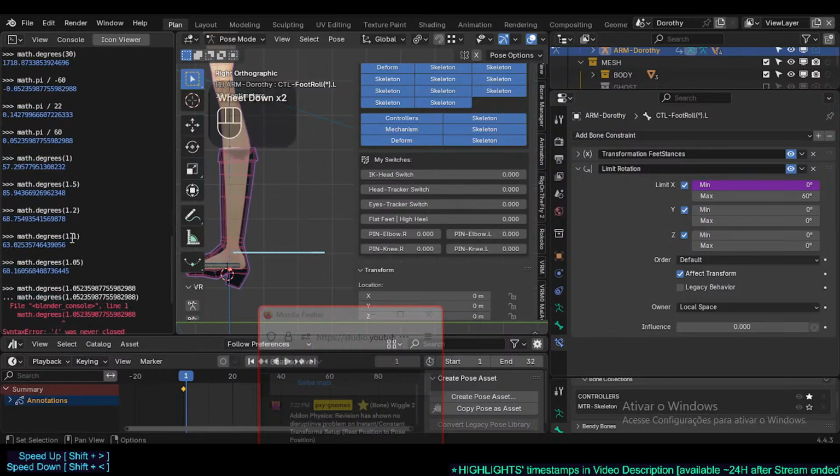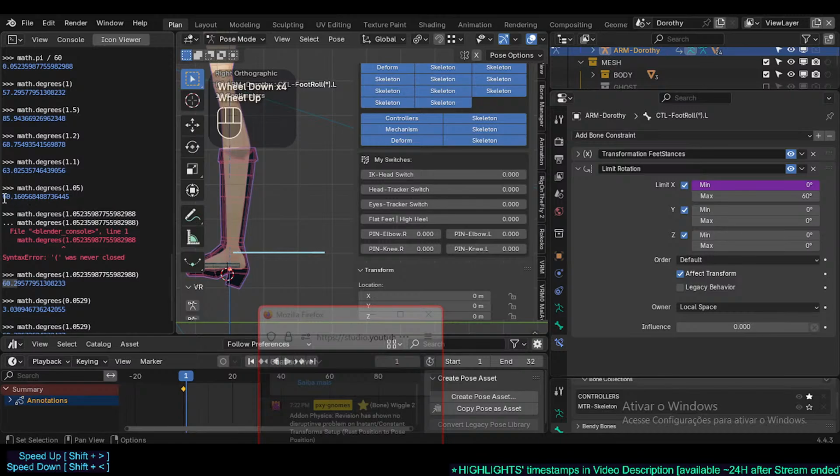This seems very bad, right? But okay, for the time being we can try to use this then.